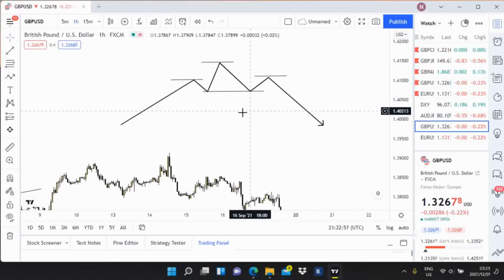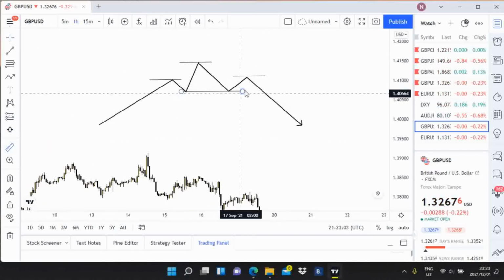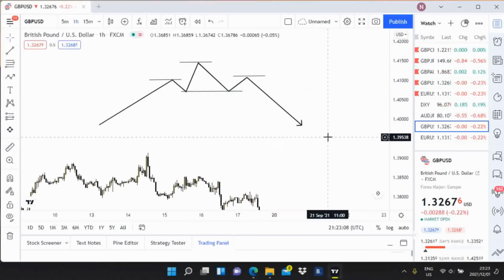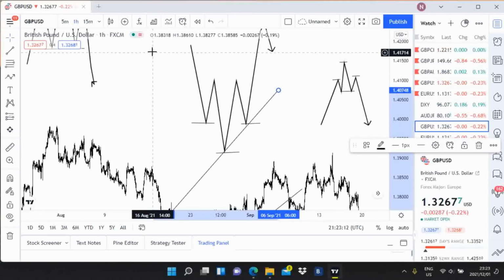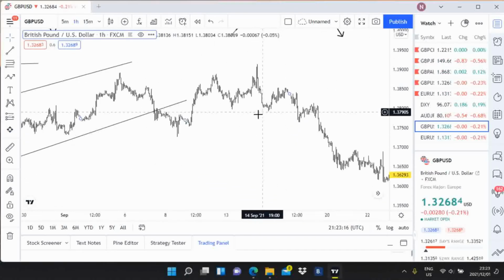So looking at a pattern like this, you will be looking for entries at your neckline here and roughly scoring about 100 pips plus or minus. So let's go back to the chart and see a real life situation.